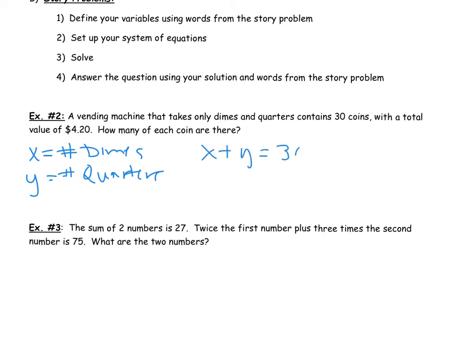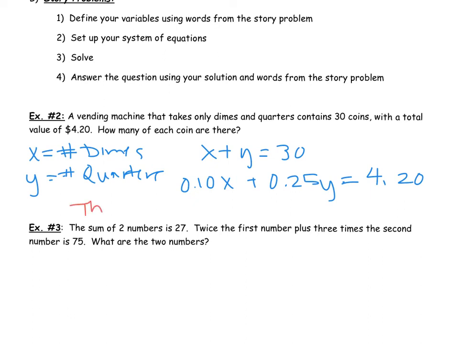This is called the quantity equation, how many I have, with a total value of 420. Well, that's where the value actually uses the cost of a dime plus the cost of a quarter, and that equals the total cost. So then at this point, you would do substitution or elimination to figure out what these answers are.